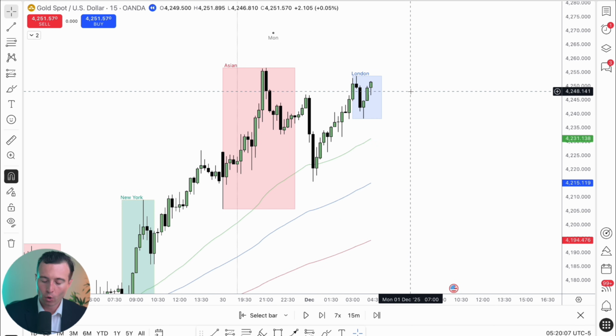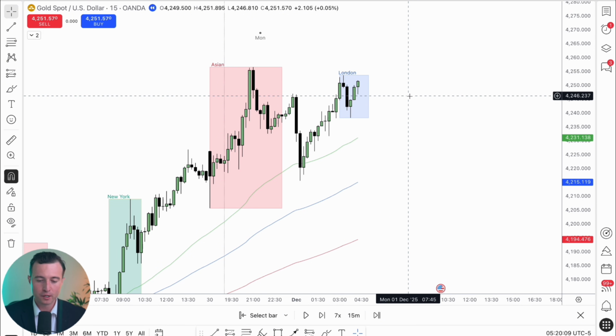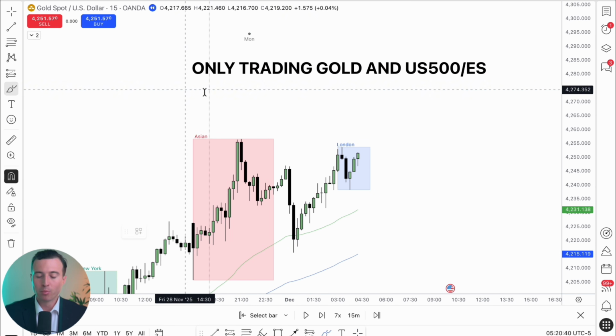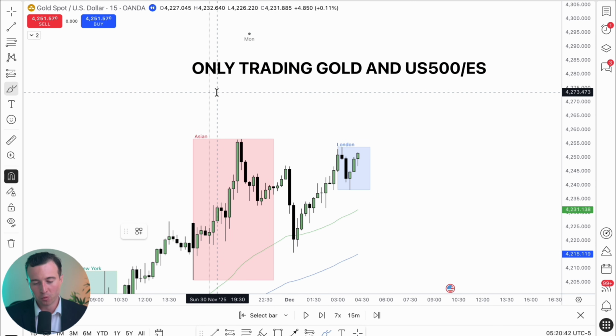So now that you're all set up with the relevant indicators, let's dive straight into a full 1 month backtest. It's very important to note as well, as I said, we're only trading the 15-minute time frame, but we're also only trading 2 assets.